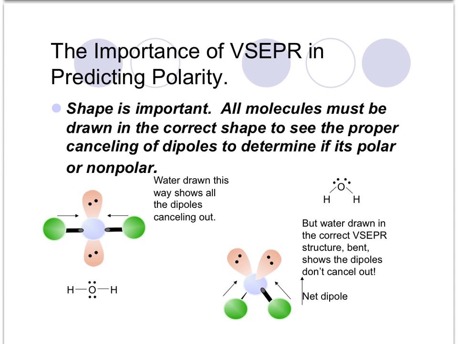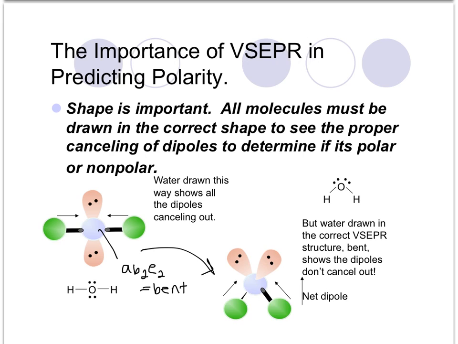So we've just highlighted how important shape is. So if you don't draw a molecule's shape correctly to begin with, you could make a drastic mistake. If we take a look at the example of water on the left-hand side, you can see that it has been drawn as a linear structure. However, it is really a bent structure. If we were to code this, we would get an AB2E2, which correlates to bent.